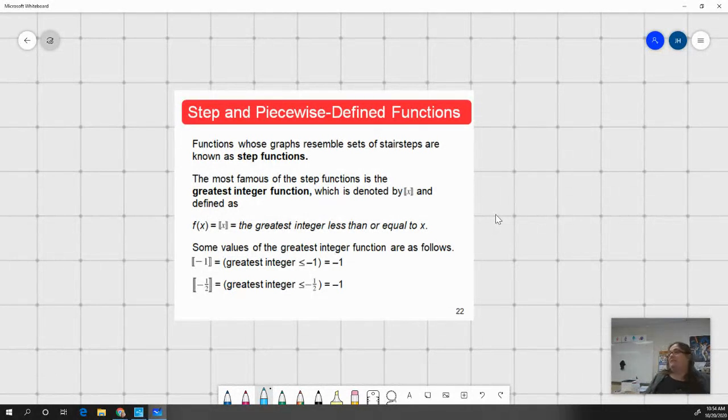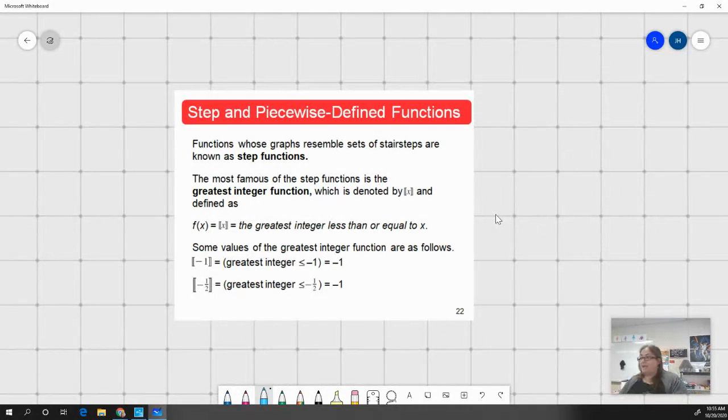Now, what it's saying is the greatest integer less than or equal to -1 would be -1. The greatest integer, remember, integers are whole numbers, less than or equal to -1/2, I apologize, would also be -1. So whatever you're getting, it has to be the whole number that's just less than it, right?